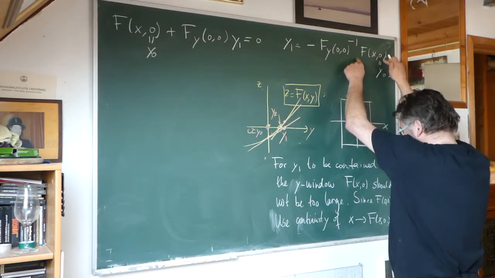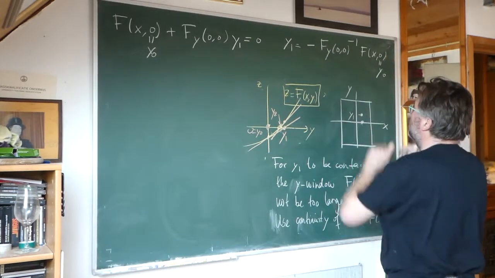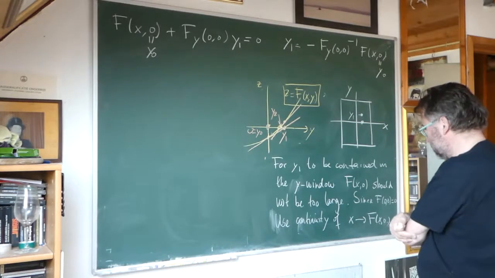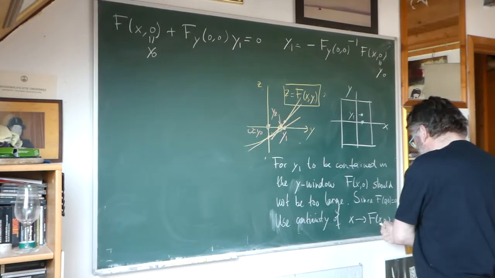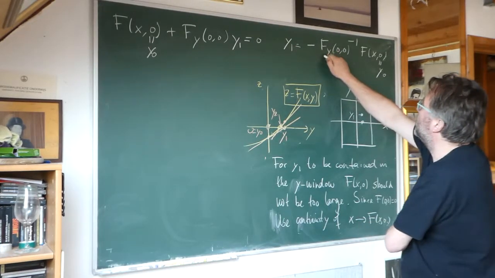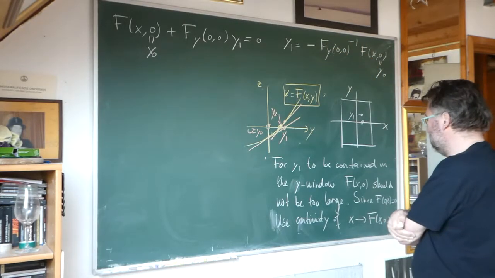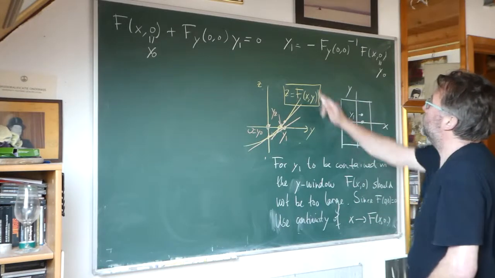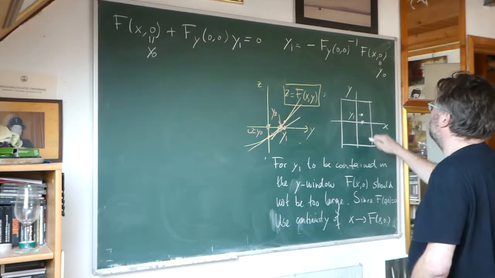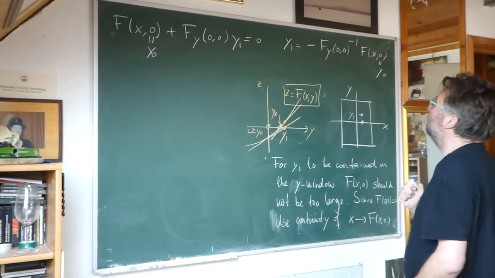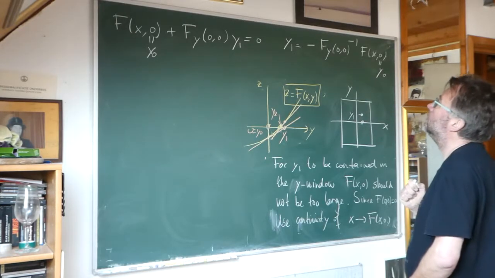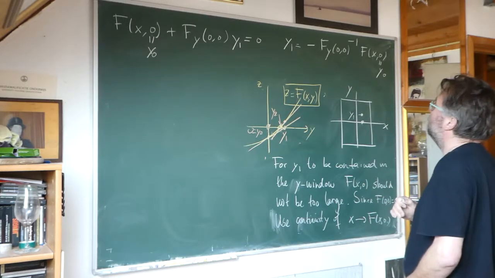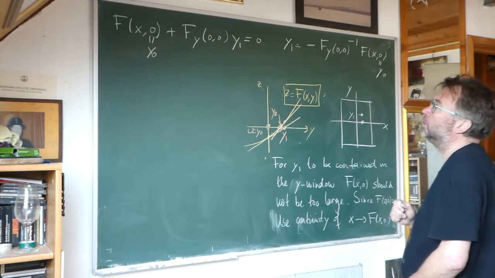So the continuity of x going to f of x and 0, together with the fact that this is fixed, allows me to narrow down my x window in such a way that y1 will be in this window for y. We will have to make that precise later, but let's first look at the second step.